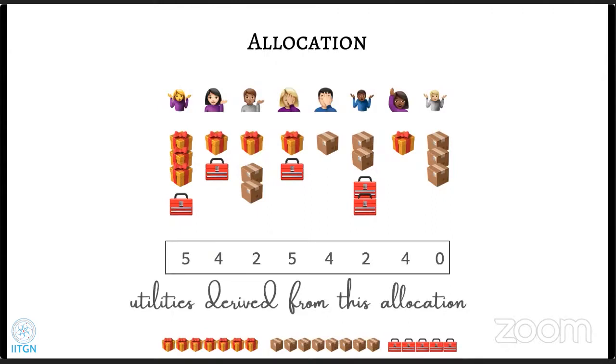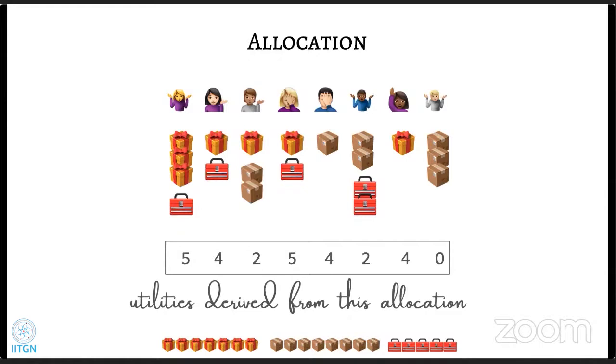So one thing that I think you'd be immediately interested in, given an allocation, is how much the agents like it, which is given by the utilities that they derive from the allocation. So every agent looks at the items that they have received, and they add up the utilities that they have for those items, right?